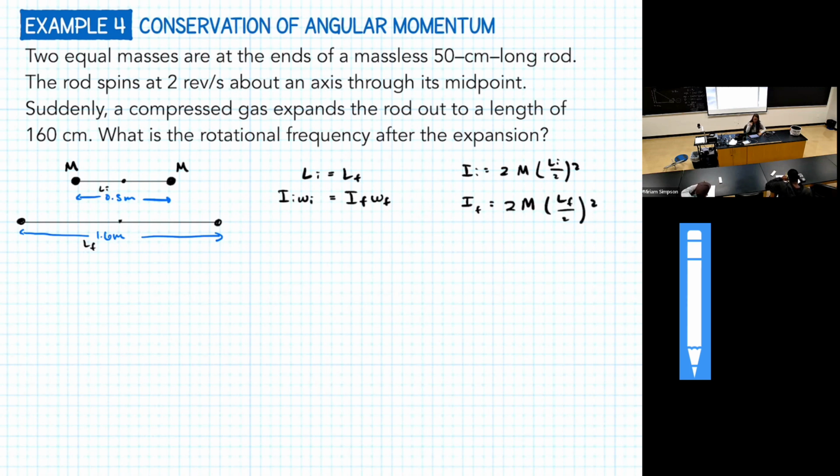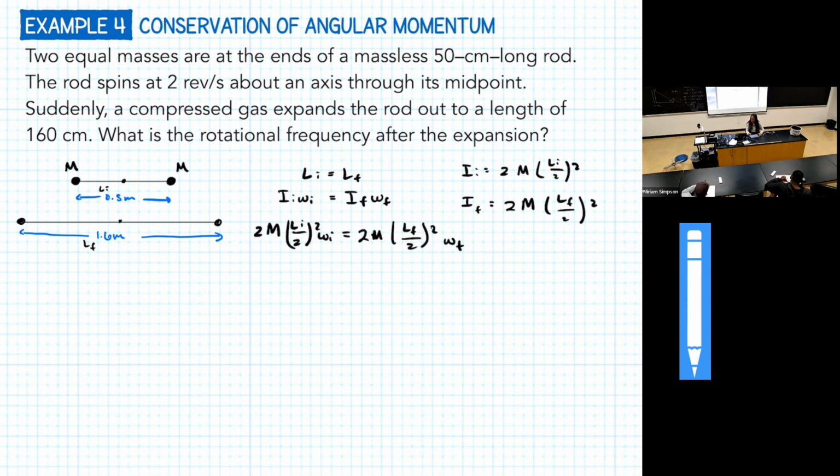We plug these in: 2M L initial over 2 squared omega initial equals 2M L final over 2 squared omega final.